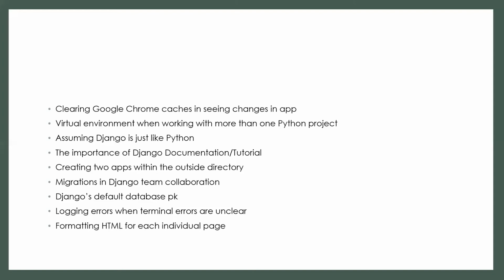Also, every time a change is made in models.py, there needs to be a migration to store that new information in Django's database. This was fine when we were working on our own, but when it came to collaborating our code, migrating our code on our repository in GitHub, it threw errors.